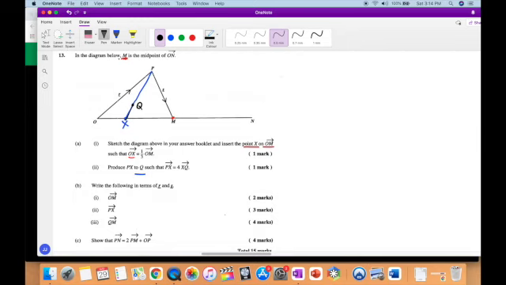And why I say that is because XQ is going to be a quarter of PX. PX is really 4 multiplied by XQ. So XQ, 1, 2, 3, 4. Right? So this here is the point Q.